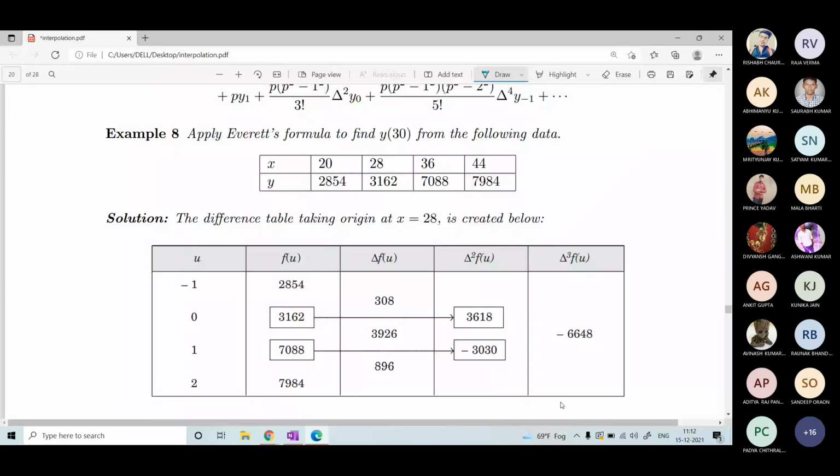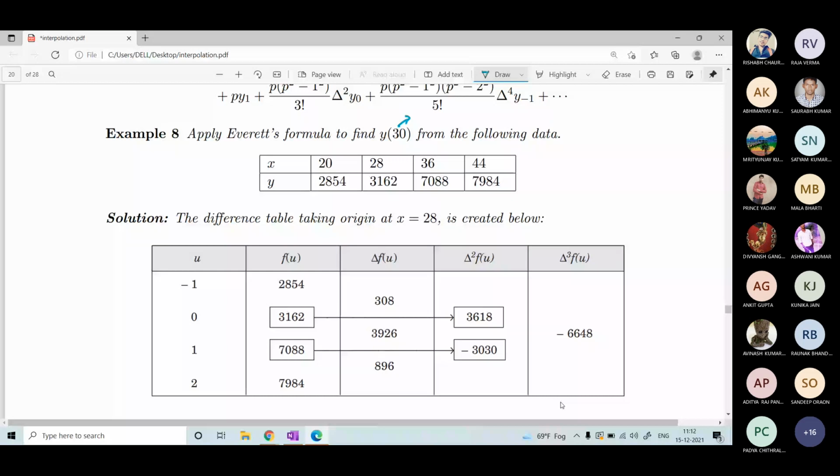That element will be chosen as center for which p is from minus 0.5 to plus 0.5, basically the element closer to the point where you want to find the output value. 30 is that point. 28 is closer to 30 compared to 36, so you will be choosing 28 as center.